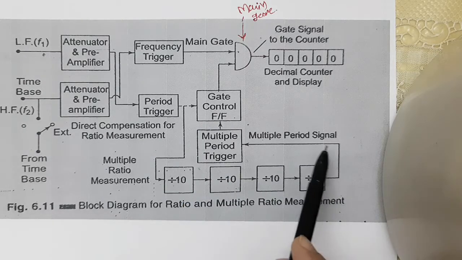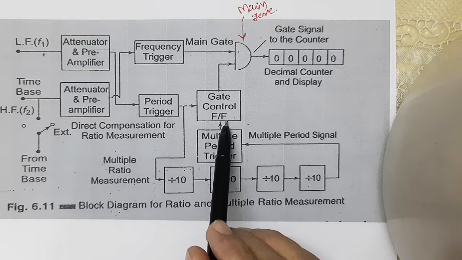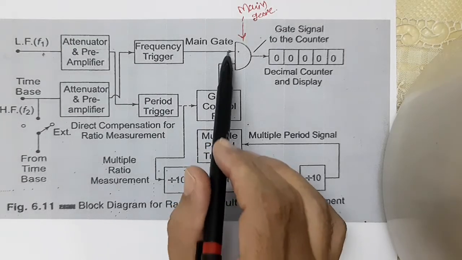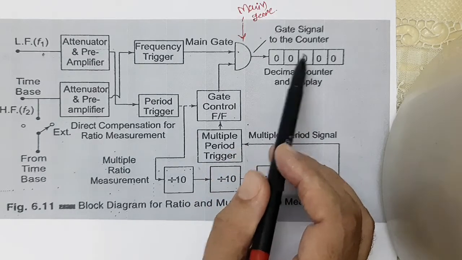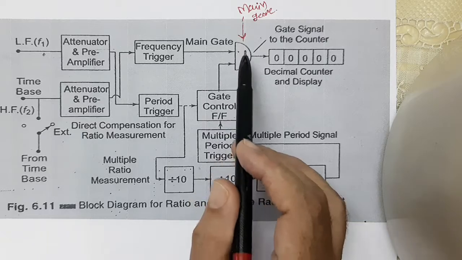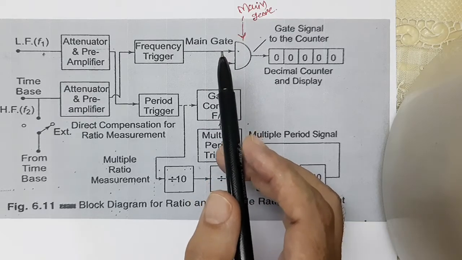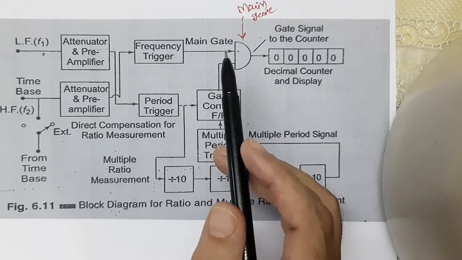One of the outputs of this is the multiple period signal, which is connected to the multiple period trigger. This triggers the flip-flop, and when both the signals are at high level, then we get the output. If any one of these is at low level, then the gate is not in working condition. Hence, the low frequency takes the place of the time base.